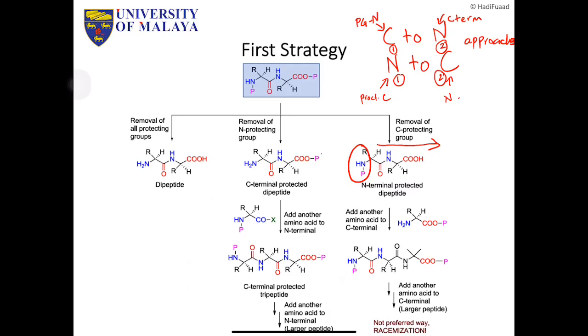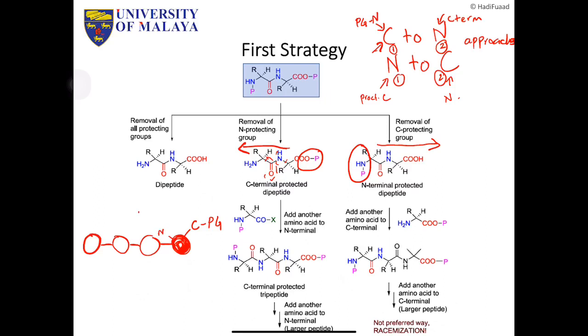you can protect the C, and then you grow it from the N terminal, C to N, meaning that C is one molecule and N is the other molecule. So you have a starting point there with a protected C, and then you grow it and grow it and grow it, always from the N terminal of the original, right?